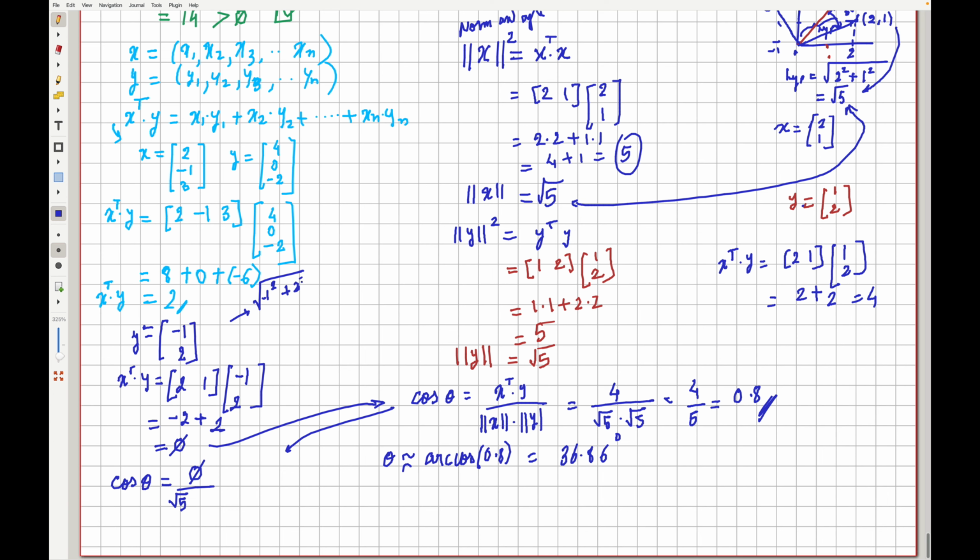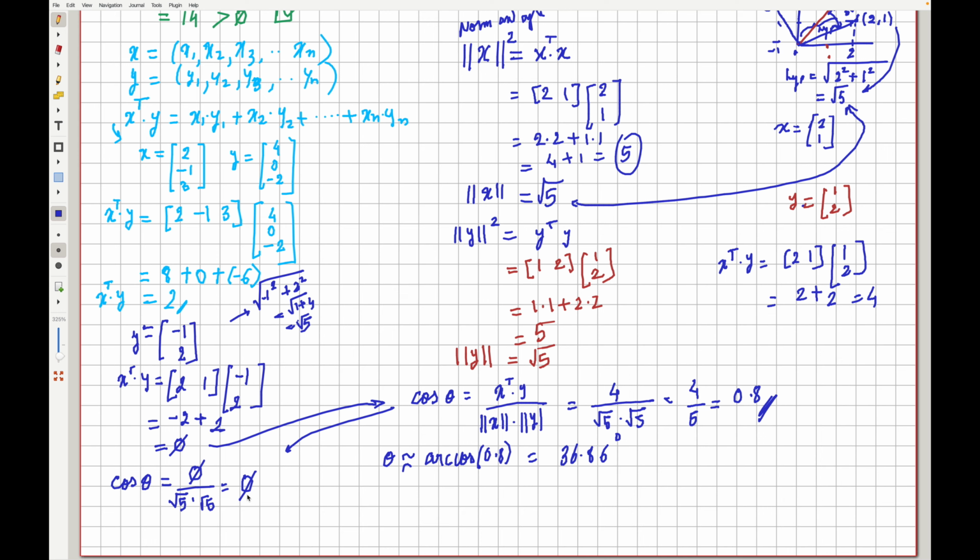That still equals 1 plus 4, which is the square root of 5. So we still have the square root of 5, but look what happens here. The output is 0, and if we try to get the cos inverse of 0, what we get is, I think, the angle of 90.